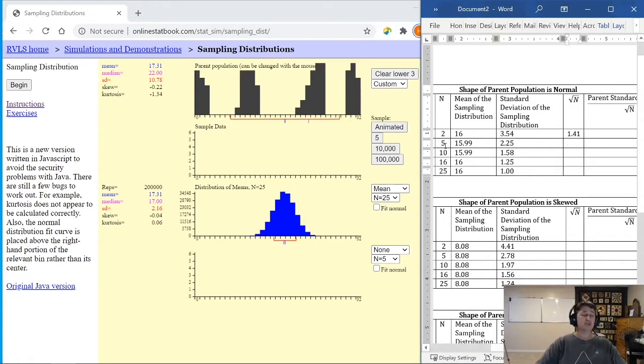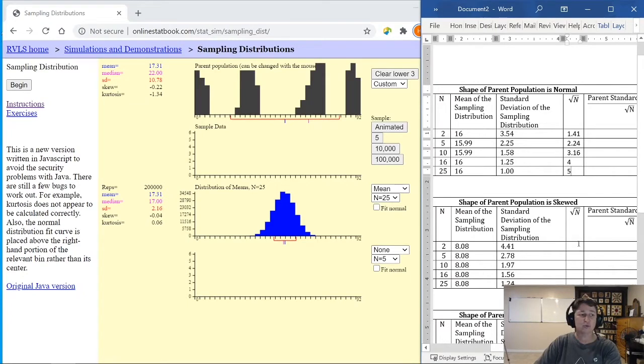Then the square root of 5 is 2.24. Then the square root of 10 is 3.16. We know the square root of 16 is 4, and we know the square root of 25 is 5.